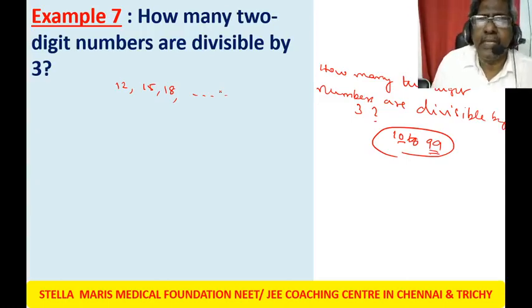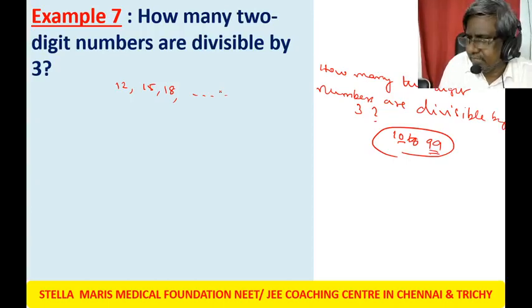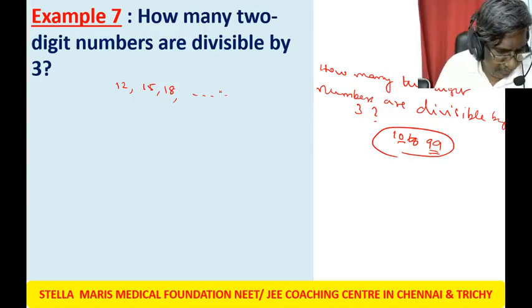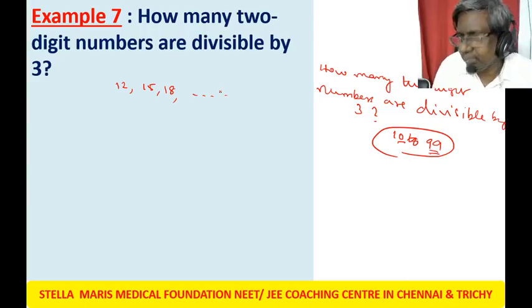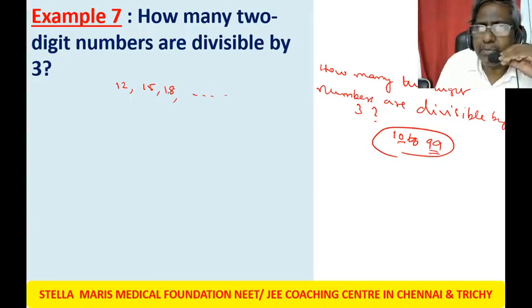Divided means you can divide and get a fraction, but divisible means exactly, with remainder 0. So 3 fours are 12, 3 fives are 15, 3 sixes are 18. That is what we call divisible.